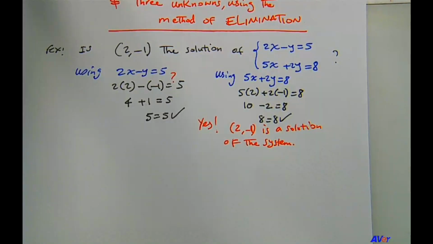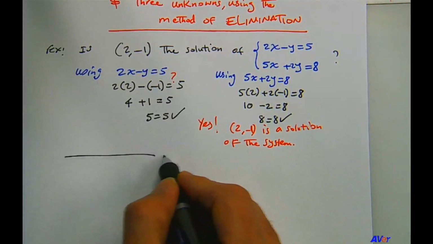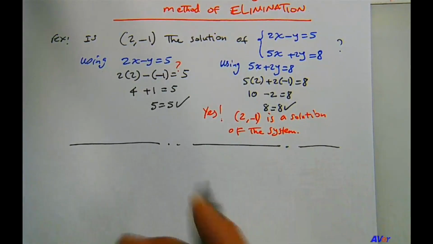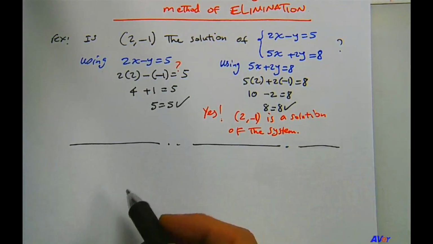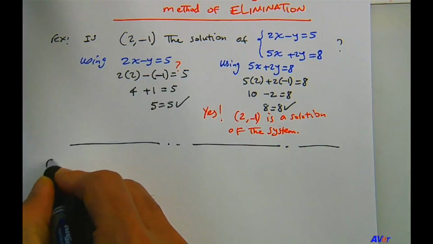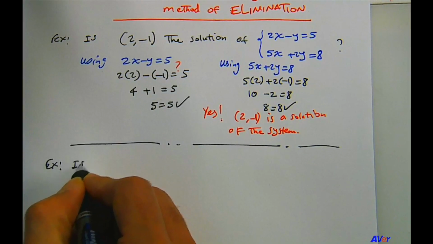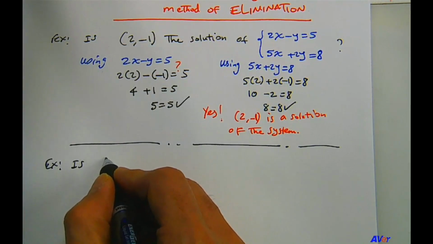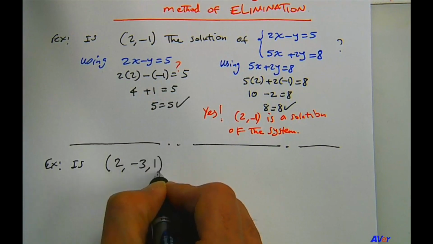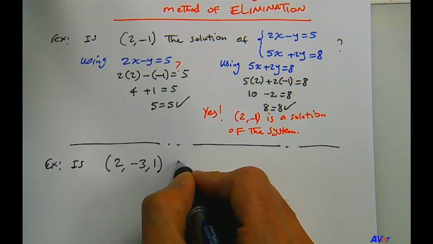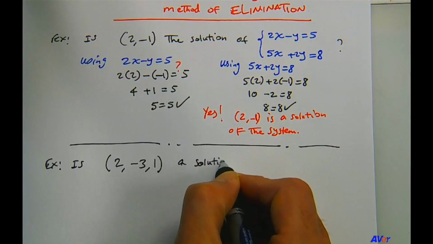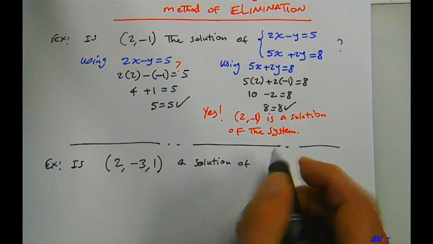Okay, so let's do another example. This time we're going to do the same thing but with a larger system, a system of 3 equations and 3 unknowns. So we want to show if this point, (2, -3, 1), is a solution of this system.